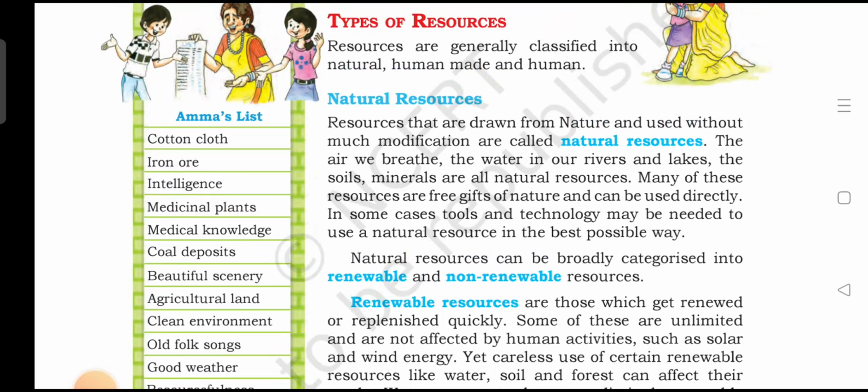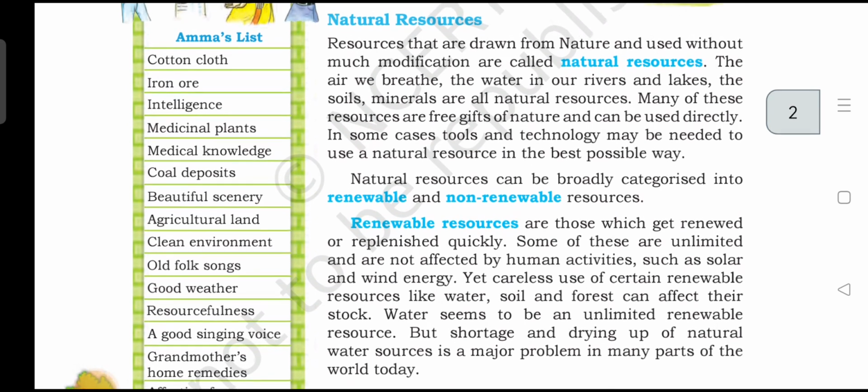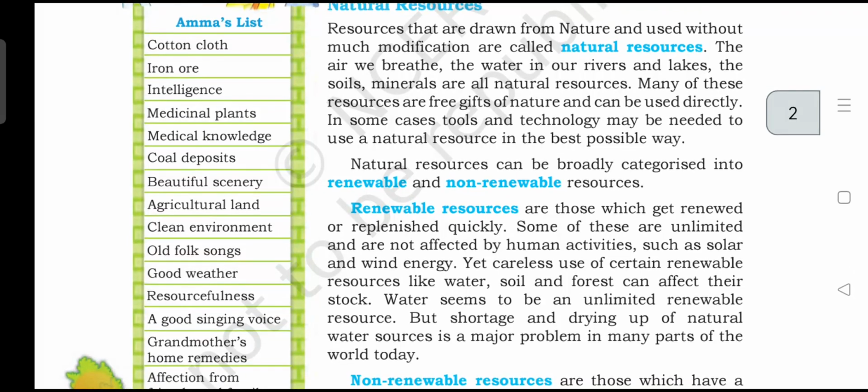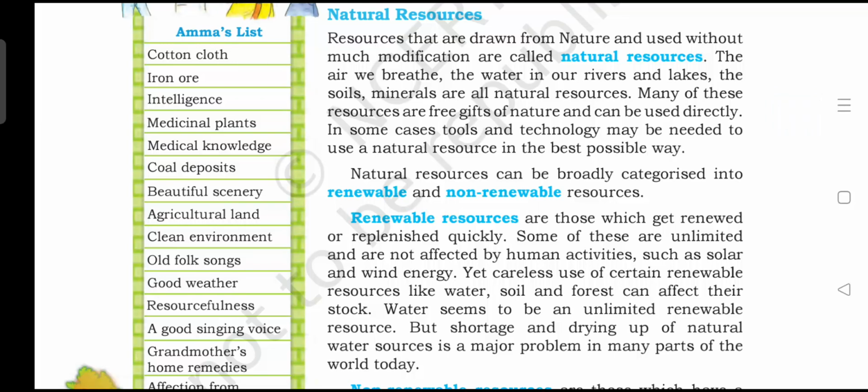So the air we breathe, the water in our rivers and lakes, and soil and minerals are all natural resources. Air, which is oxygen, is given by nature only, and we are taking it. Water is available on earth and is also given by nature only. Many of these resources are free gifts from nature and can be used directly, like water and air.